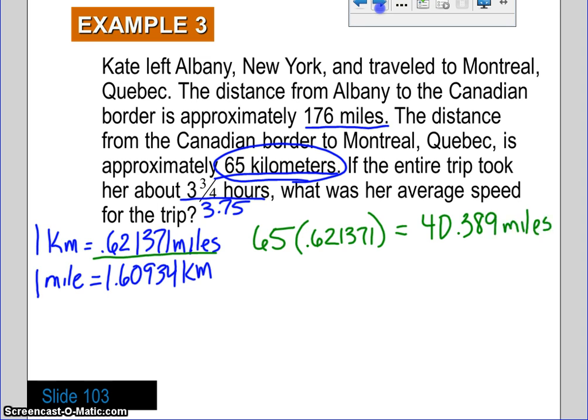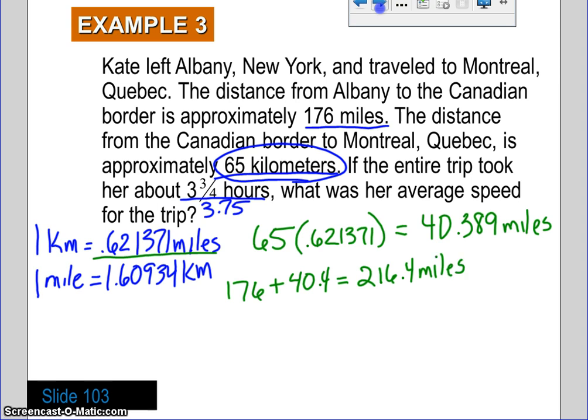Now I can go ahead and add those together, so I'm looking at the 176 miles, plus I'm going to round this to 40.4 miles, which gives me a total of 216.4 miles.